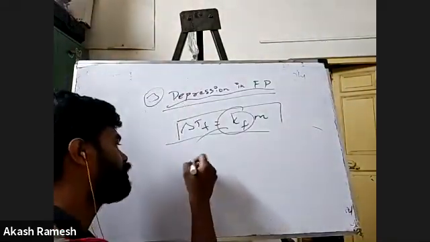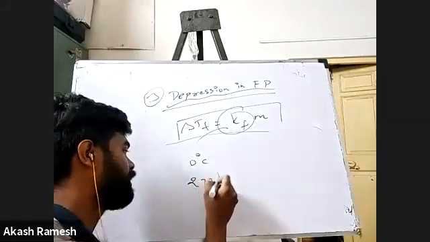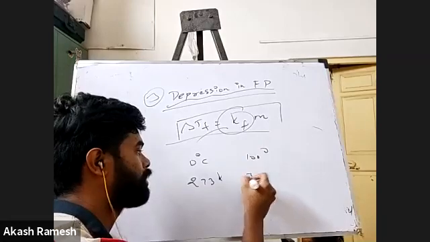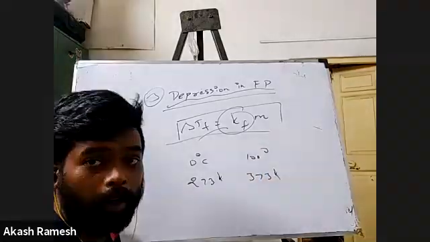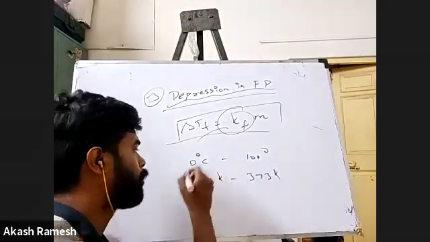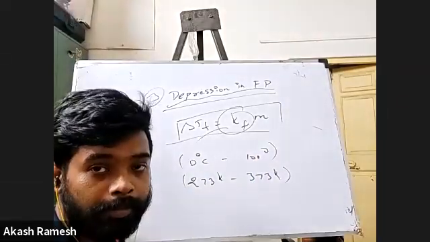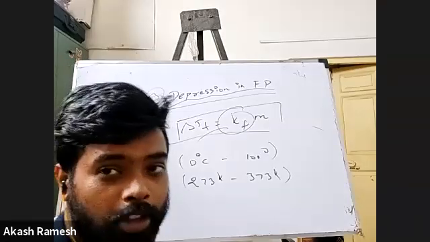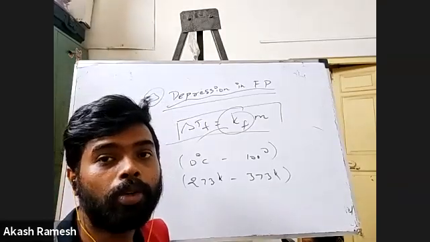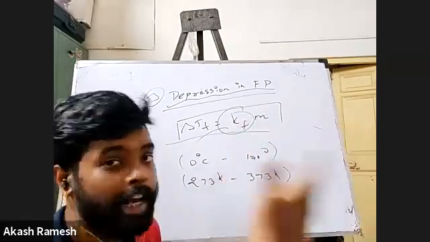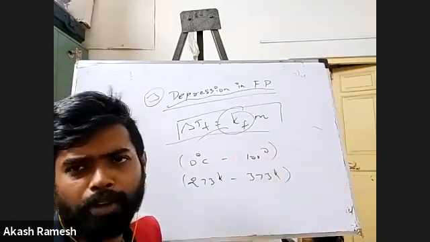Say I have 0 degrees Celsius, which is 273 Kelvin, and say I have 100 degrees Celsius, which is 373 Kelvin. Now you take the difference in both of them. What will be the difference? 100. So as long as you are not going to use the temperature in any other case, say multiplying or adding with something, you don't have to convert it.